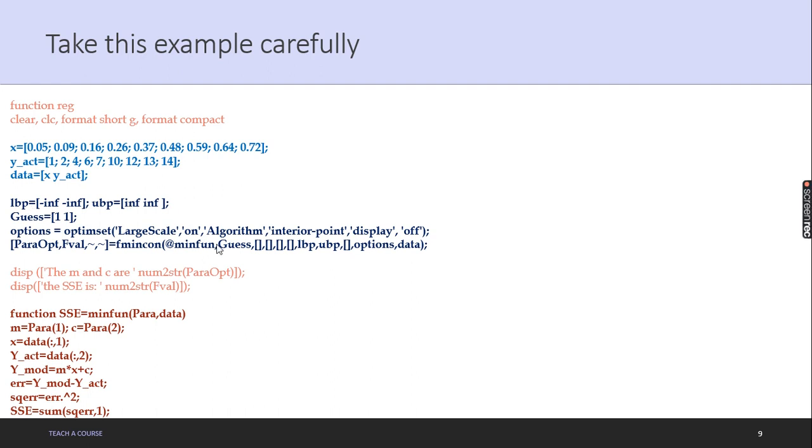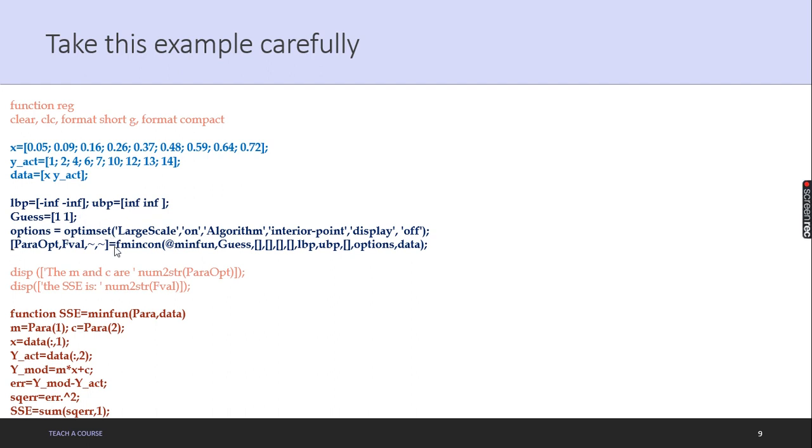So lower and upper boundary we are putting. Options we will not discuss at this moment, we are taking it out, and guess values, initial values, I am putting 1 1. So these are initial values, and the lower boundary within which our m and c values lie: minus infinity for m, minus infinity for c lower, and plus infinity upper.